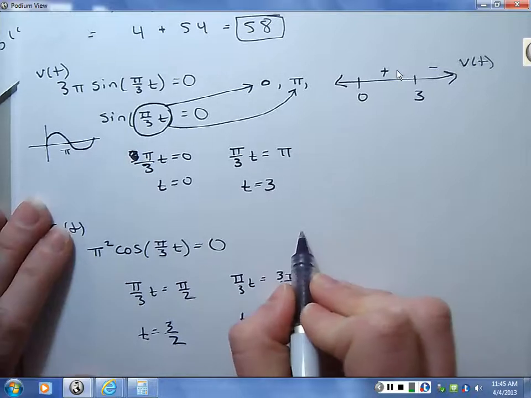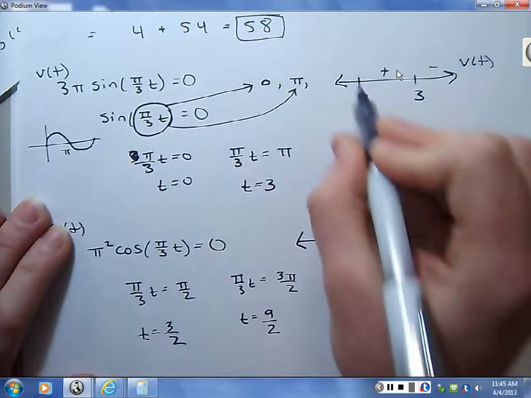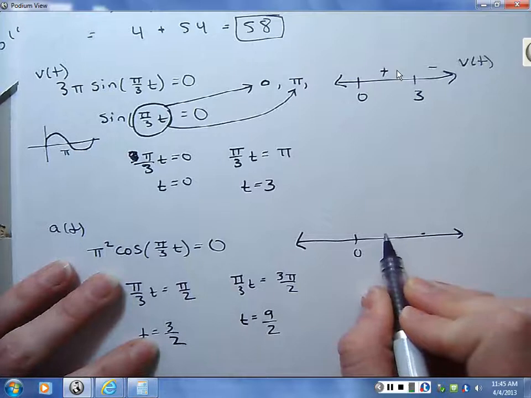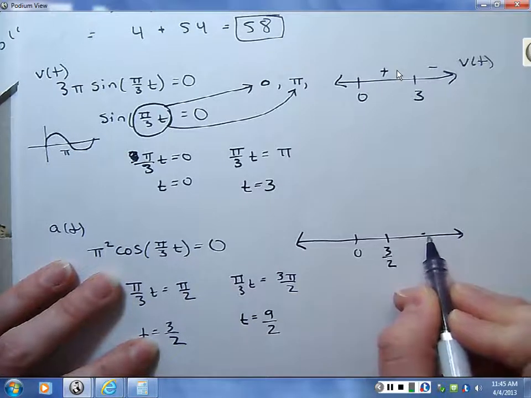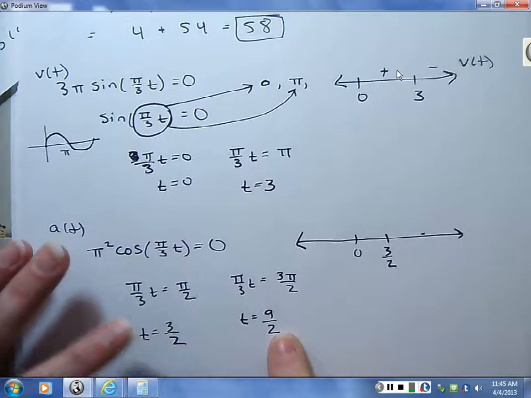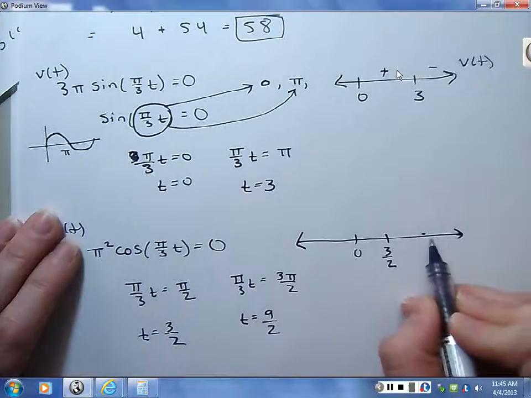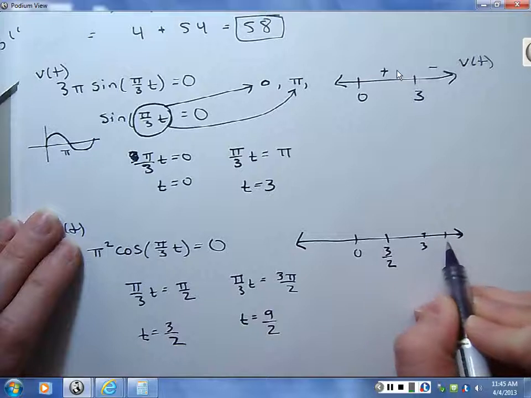So if I plug that in like a 0, this is 3. So 3 over 2 is going to be here. 9 over 2, that's greater than 3, right? So this is 3 and this is 9 over 2.